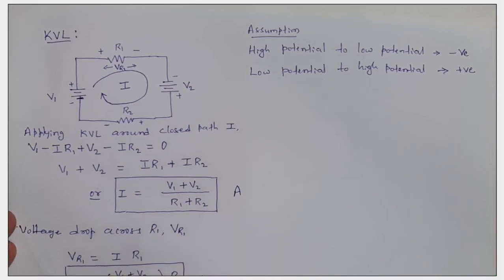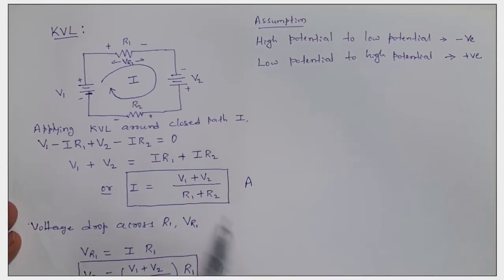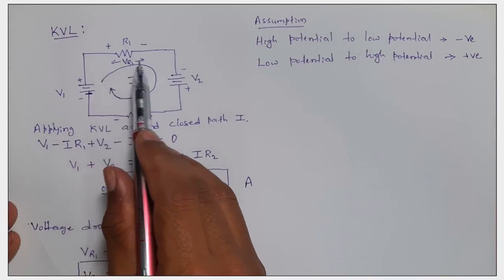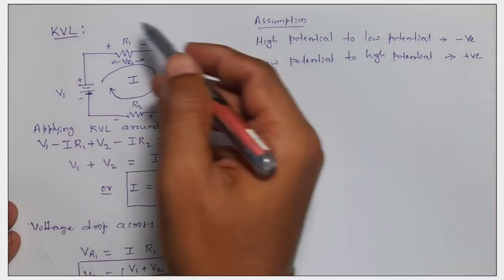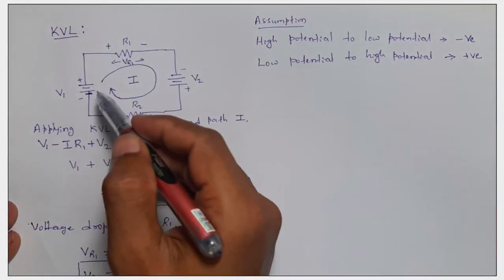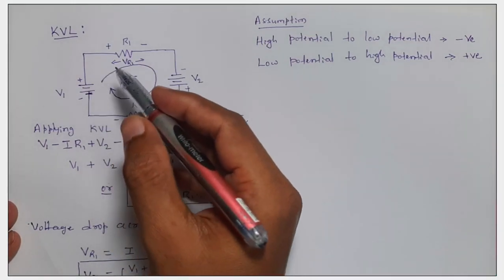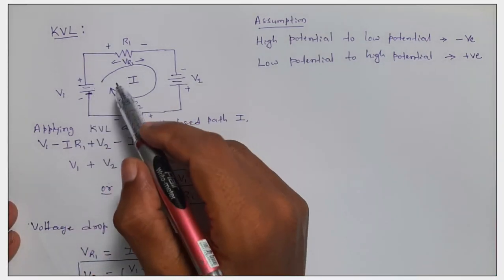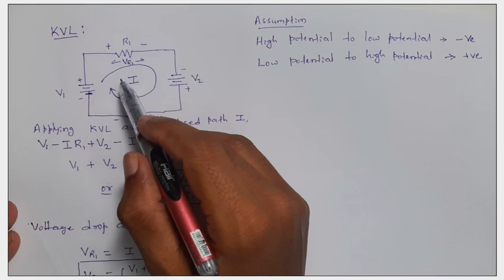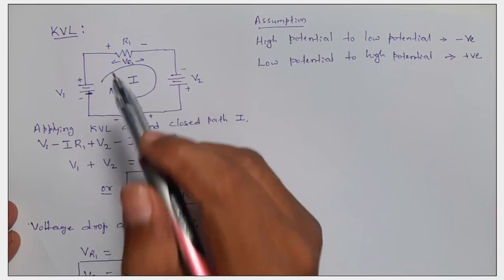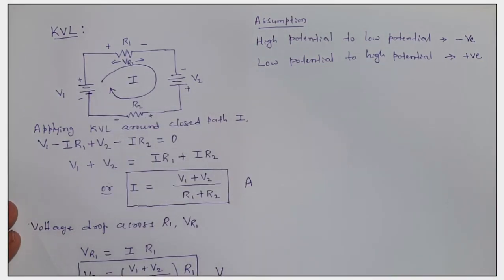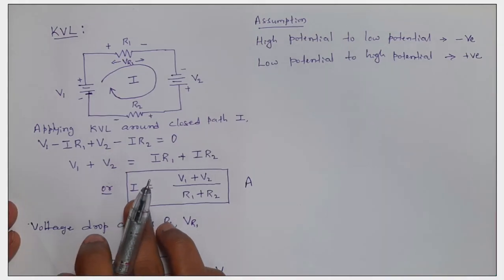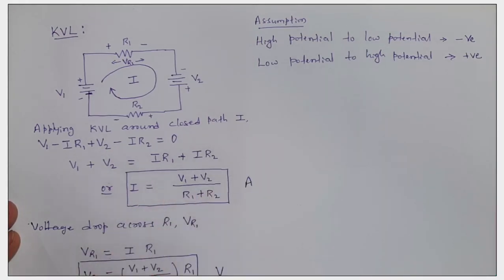One more thing, dear students, you may get a doubt: sir, here you are considering the current in this direction, I have considered clockwise direction, but the actual current might be anti-clockwise. Then what? If the actual current is in the opposite direction of what we assumed, then when you solve the equations you will get the current value with a negative sign.